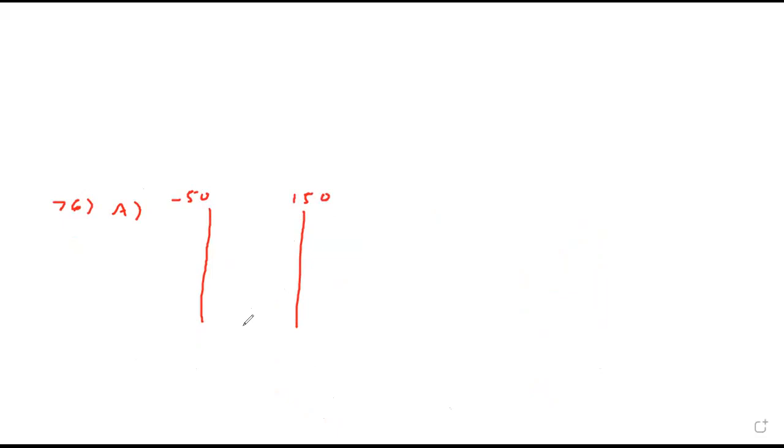Figure represents pairs of parallel plates with same separation. For which pair is the electric field between the plates pointing towards right? Electric field is always directed from high to low. This is high, this is low. So this electric field is not towards right, this is directed towards left.